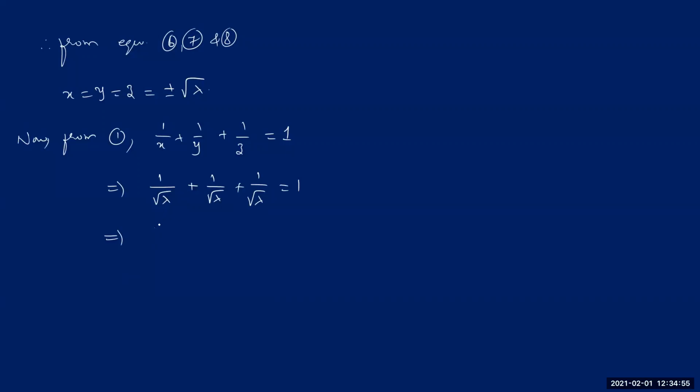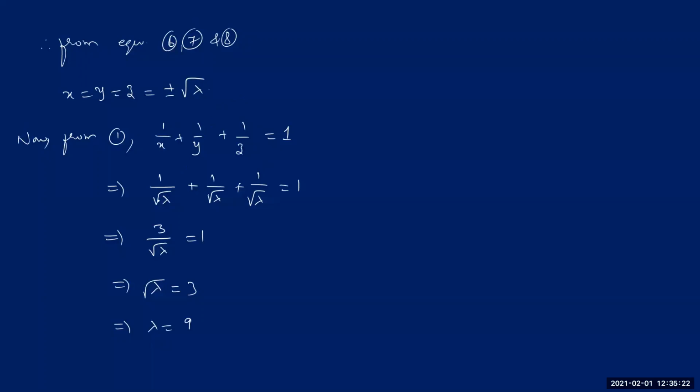See, when you substitute this, what you get is 3 by root lambda is equal to 1. So this implies you can write root lambda is equal to 3. You can just take cross multiplication, root lambda is equal to 3. And therefore, when you take square on both sides, lambda is equal to 3 square, which is 9. Right? Now you can understand what if you substitute minus root lambda here.